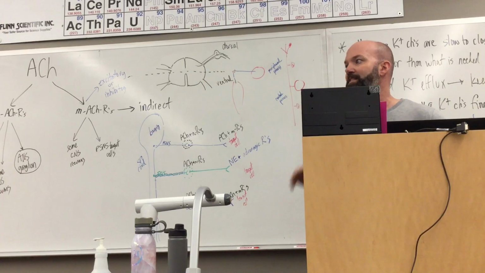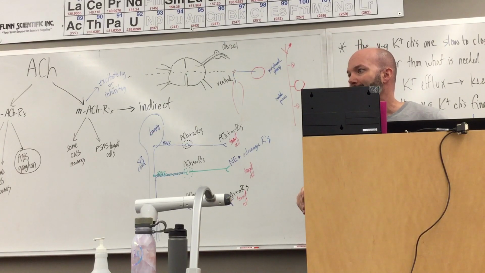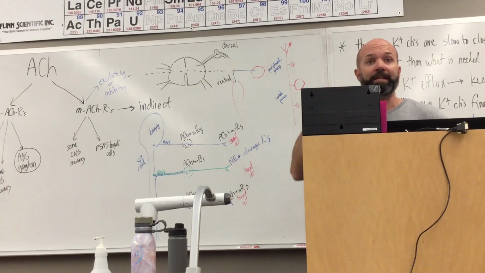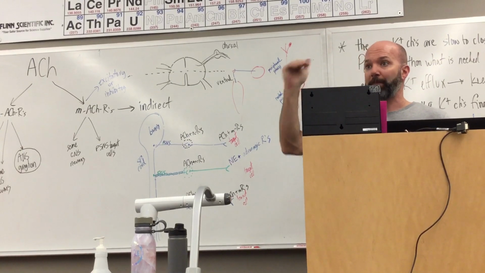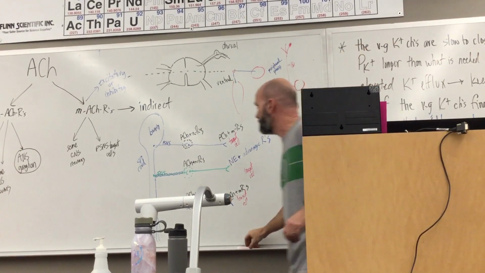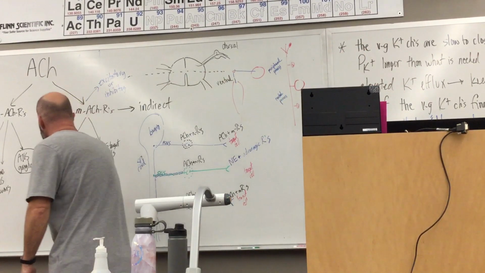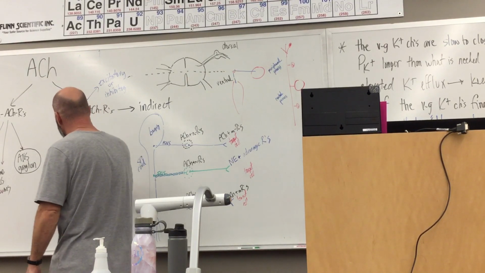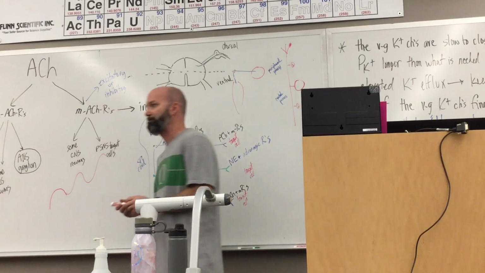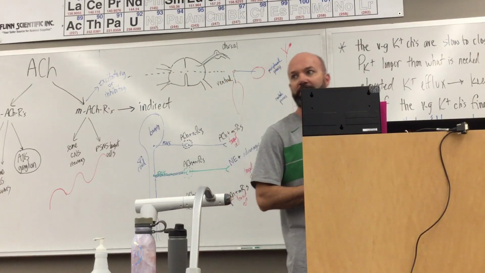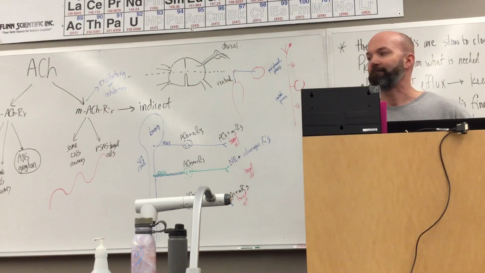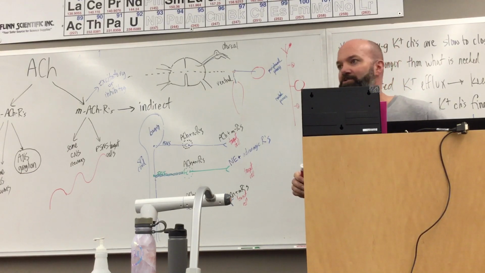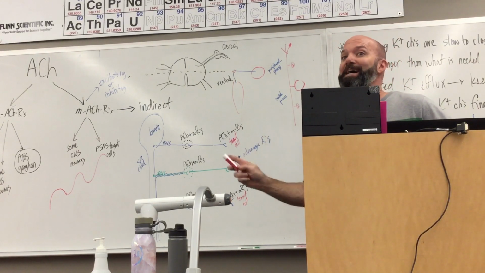You're just looking at one synapse, and it's releasing neurotransmitter again and again, and then it builds. It's kind of like twitch summation. You release neurotransmitter, you get your graded potential, but before it's gone, you release more, and you release more. Spatial summation? No, temporal. One synapse over time.